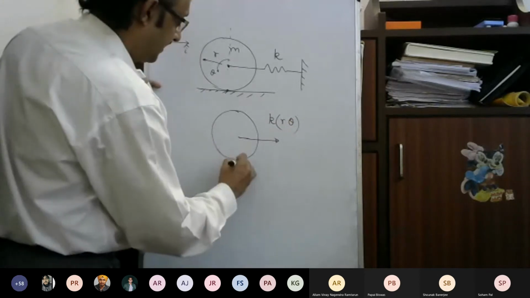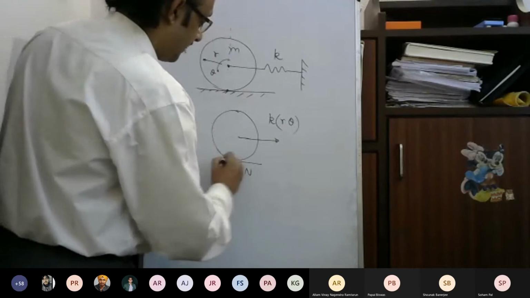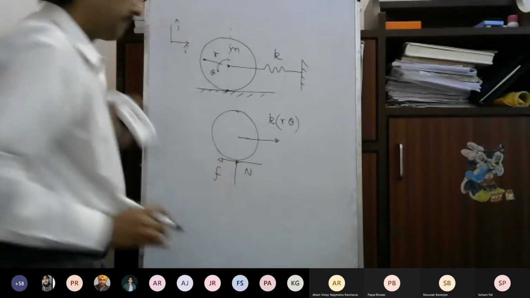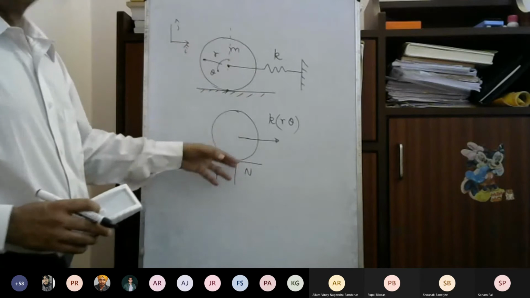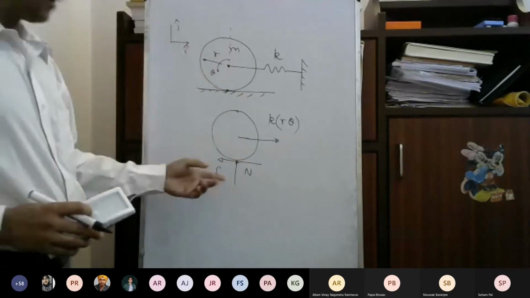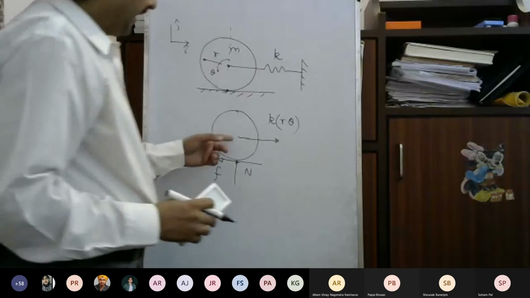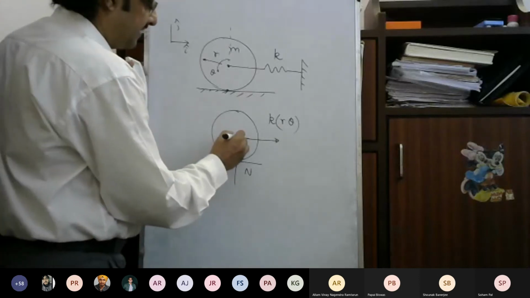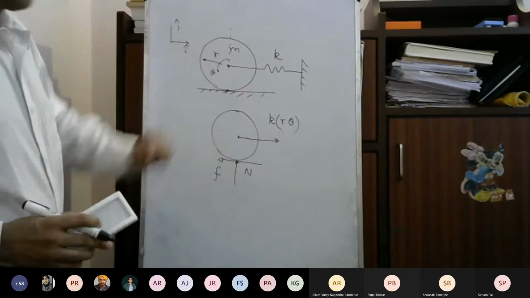And here there will be the normal reaction and the friction force. Friction force is arbitrary, we do not know it, because this is no slip, static friction, there is no relative velocity, so the friction force is an unknown force. This is the free body diagram.